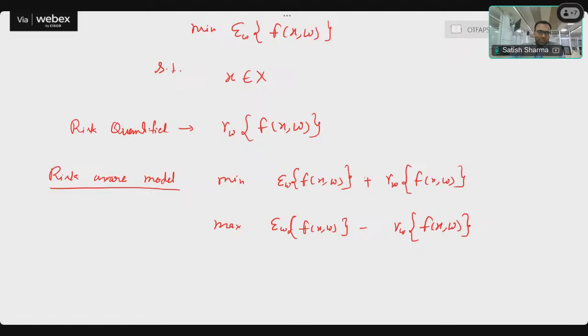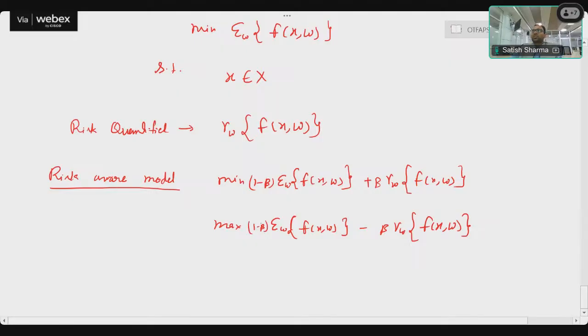We can place a certain weight here: let's say beta is placed here, and 1 minus beta is placed there.